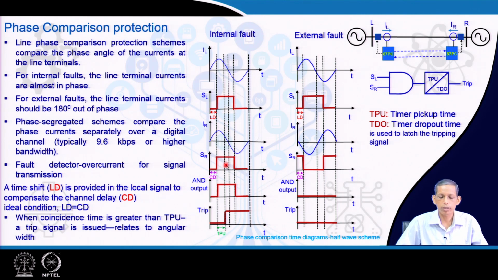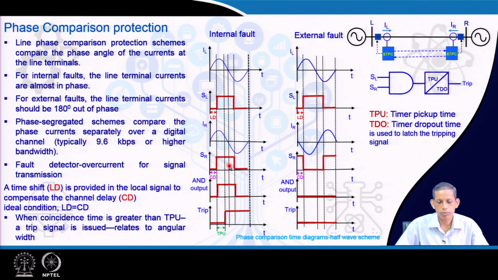So, the positive half cycle is being applied in this arrangement, which we are showing in this phase comparison diagram. Then we make the ending of these two signals, SL and SR, which are being transmitted. So, the L end receives the SR signal from the other end, and the R end receives the SL signal, this square wave.